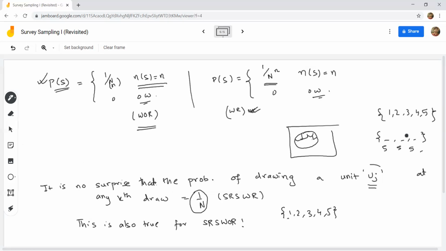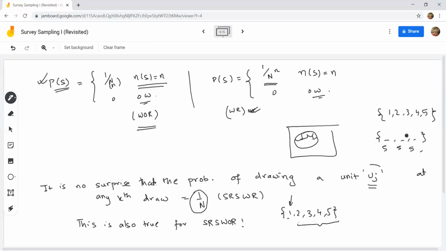First we draw 1, suppose, and now we are left with 2, 3, 4, 5. Anyone can have the intuition now that 1 is not in the sample, so 2, 3, 4, 5 will have equal probability, meaning all of them will have probability 1/4. So that is a wrong notion.